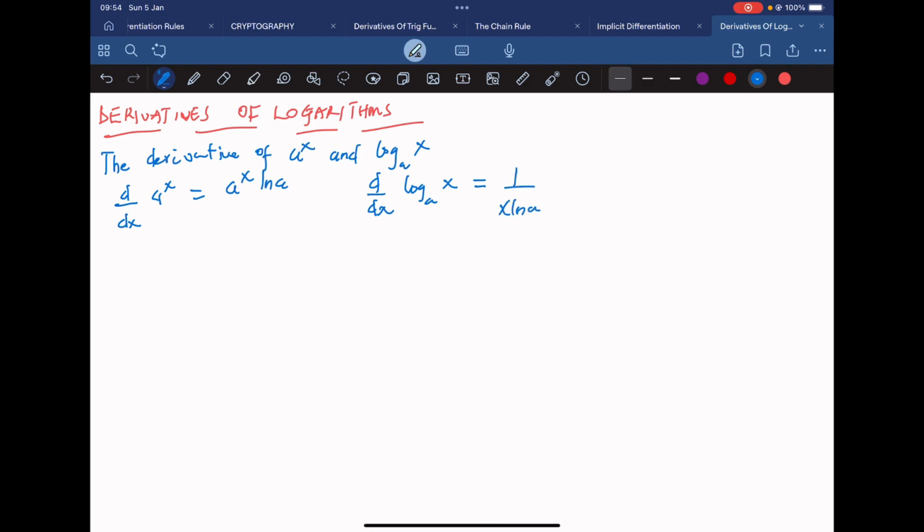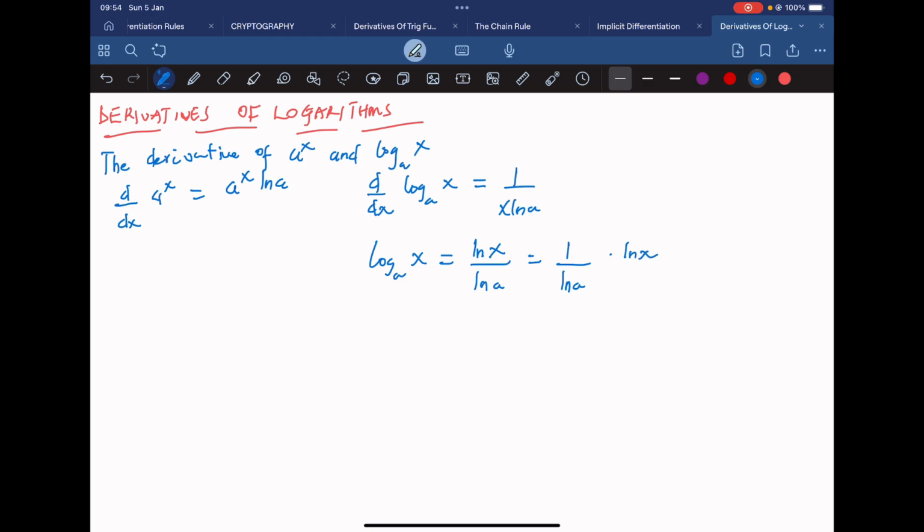Now let me briefly explain this part. When you have log base a of x, you can rewrite this as ln x divided by ln a. Remember, a is a constant, so you can bring 1 over ln a outside, multiplying ln x.